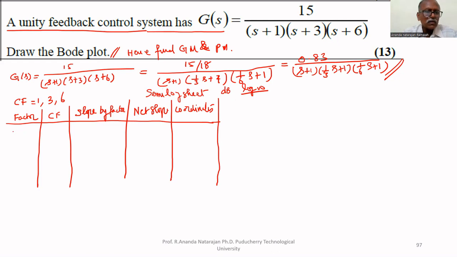Factors are 0.83, then 1 by (s + 1) since the first corner frequency is 1, then 1 by (1/3 s + 1) as the second factor, and 1 by (1/6 s + 1) as the third factor. There is no corner frequency for the constant. Corner frequencies are 1, 3, 6. That's all.